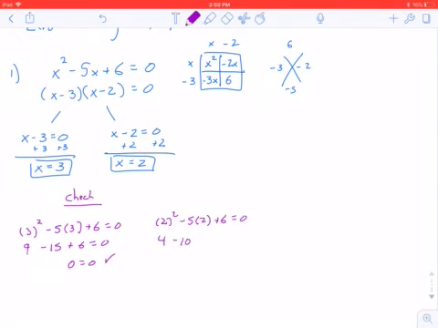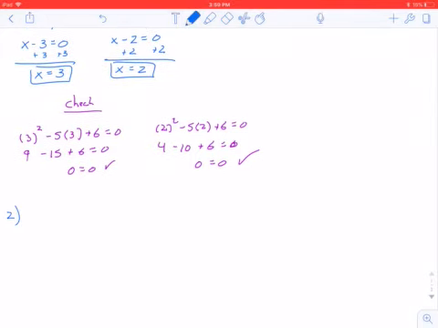So that's 4, that's negative 10, and that would be negative 6 plus 6 is 0. Yeah, it checked out. So quadratics, we'll learn, can have up to 2 solutions. In this case, the 2 solutions were 3 and 2. And the way we solved was by factoring and then using the zero factor property. Let's do another one.